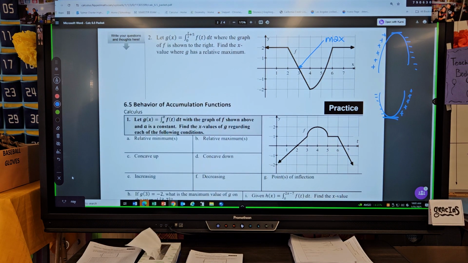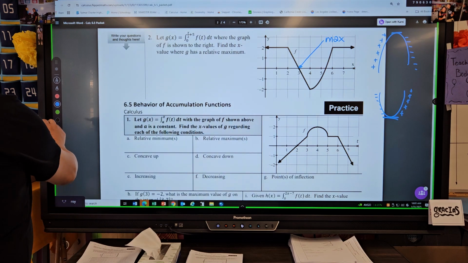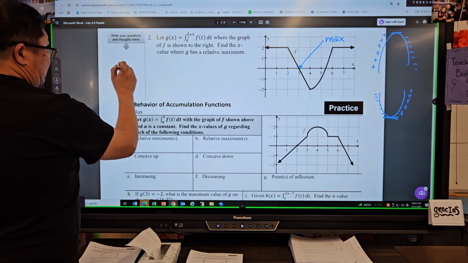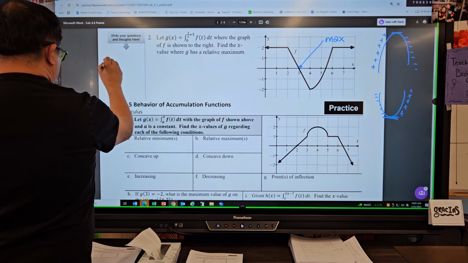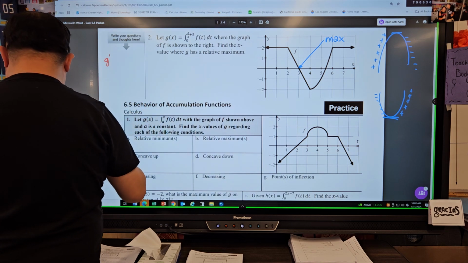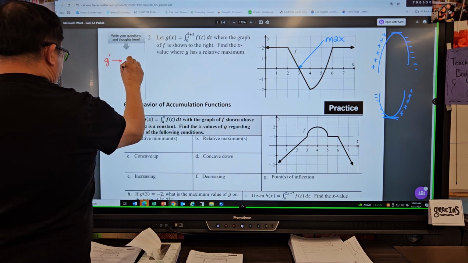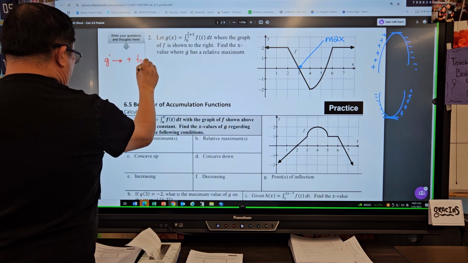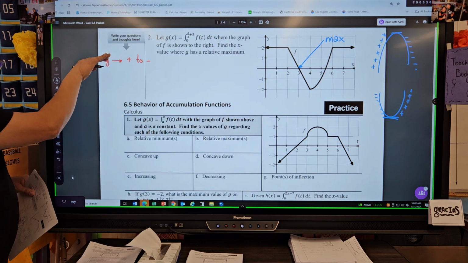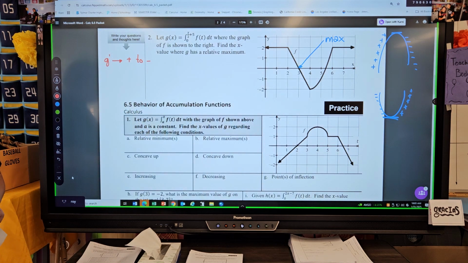And then it says, yeah, this is the intro, so G prime changes sign from positive to negative. This will help you a lot understand, guys.